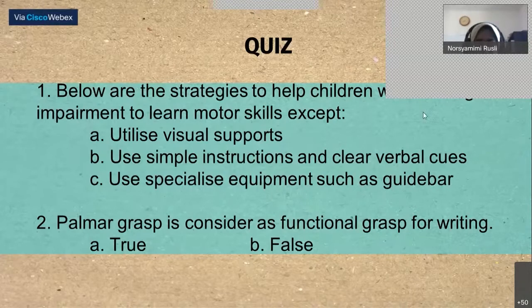Someone says palmar is for reflex. We also have a reflex, the palmar reflex, but we're talking about pencil grasps. The answer for number 1 is C.